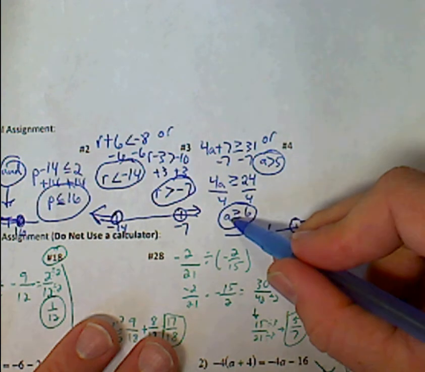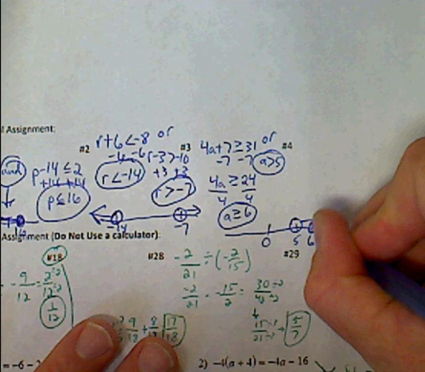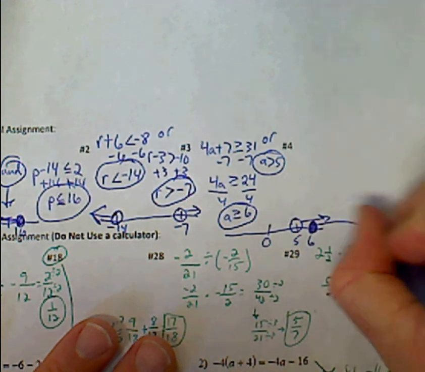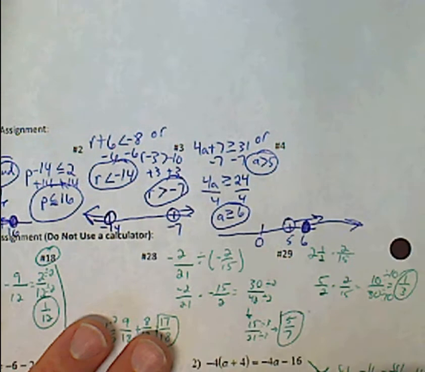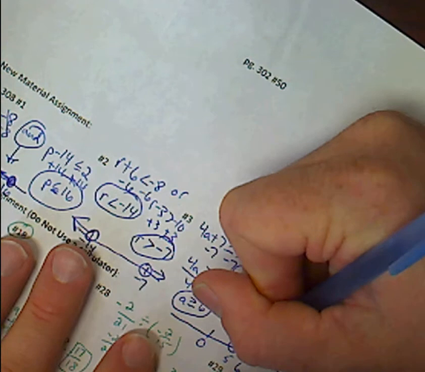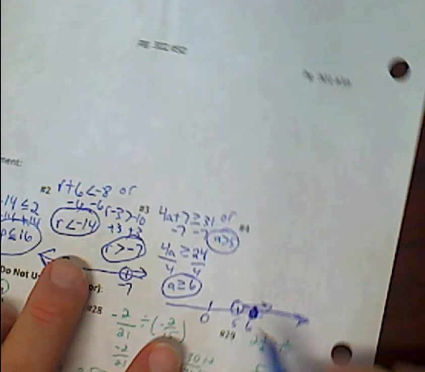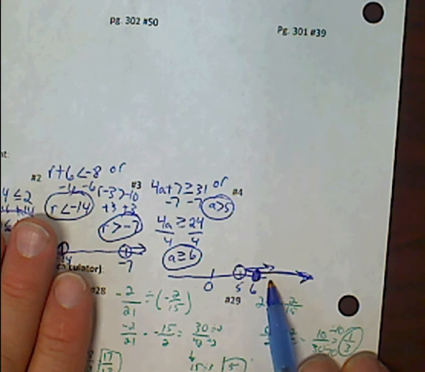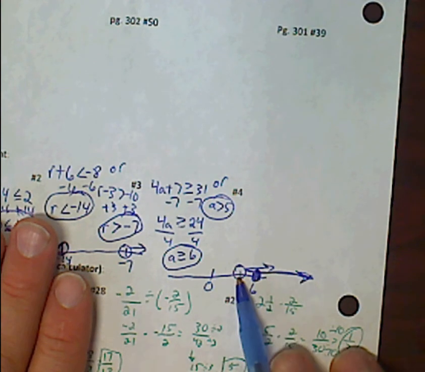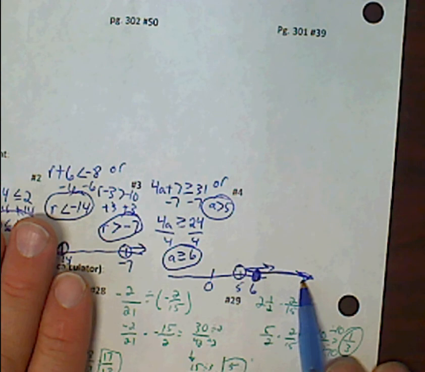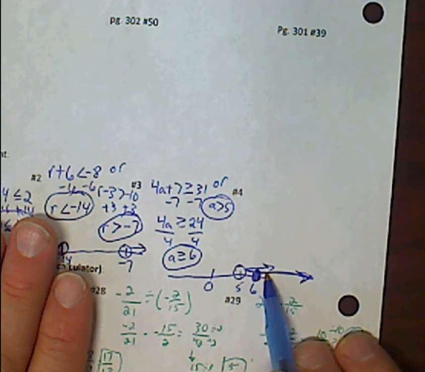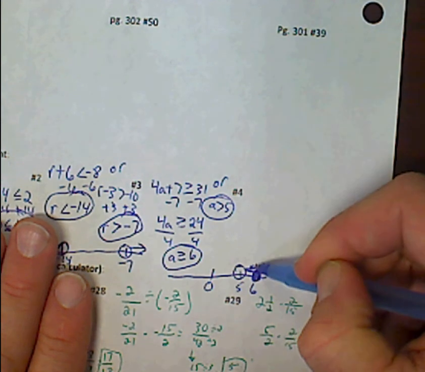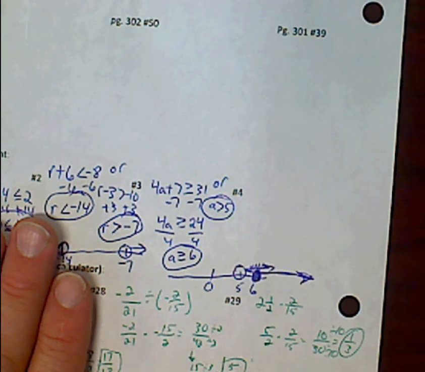But then it says a is greater than or equal to 6, so I'm going to put a closed circle, and the arrow is also going this way. Since it says or, one of these has to be true. So I start with the very first one I see, and it goes through. This is what it would look like graphed, and I don't need 2 arrows anymore, I just need 1 arrow going through.